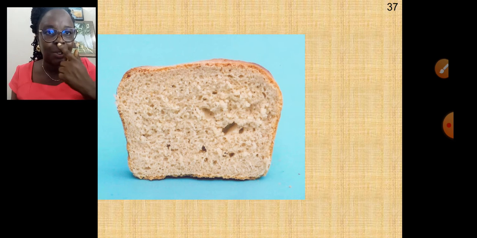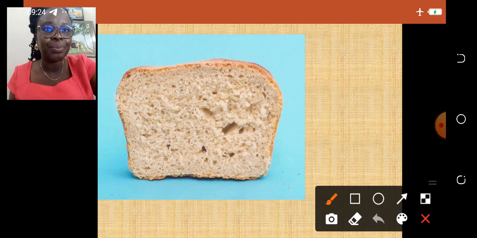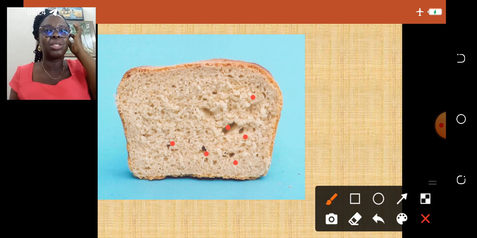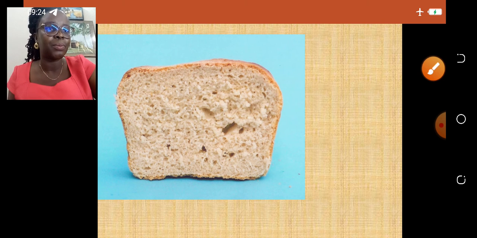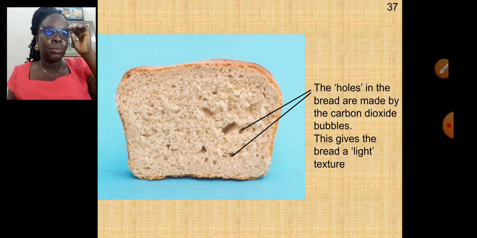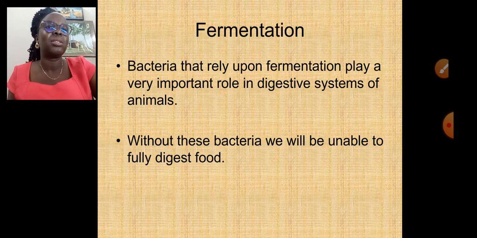When you finally slice your bread, you can see those holes, as a result of carbon dioxide that has been released during the fermentation process. And that's what gives our bread that light texture.